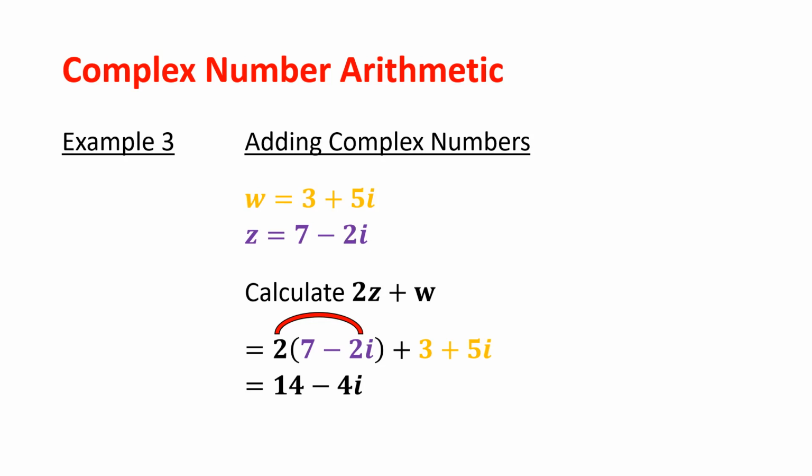That's 2 lots of z. And then we're going to plus on w. So let's again add the real part. 14 plus 3 is 17. And negative 4i plus 5i is going to be positive 1i. But I'm just going to write 17 plus i. Either of those are acceptable.